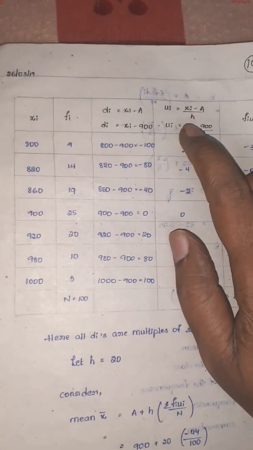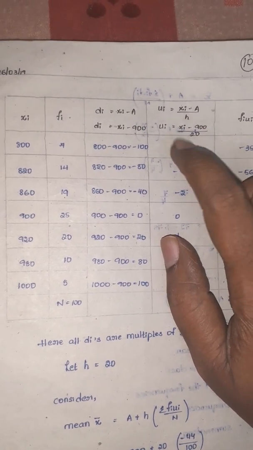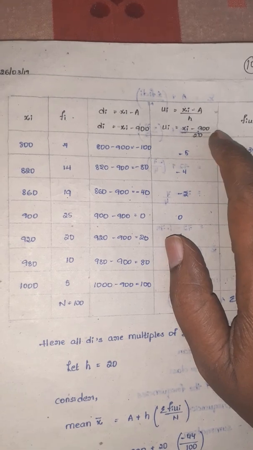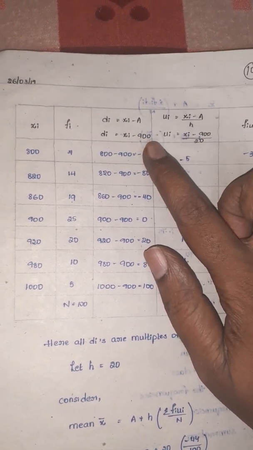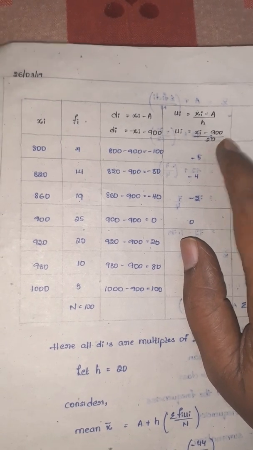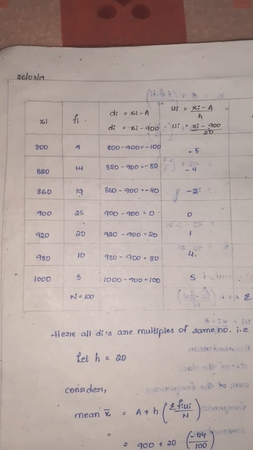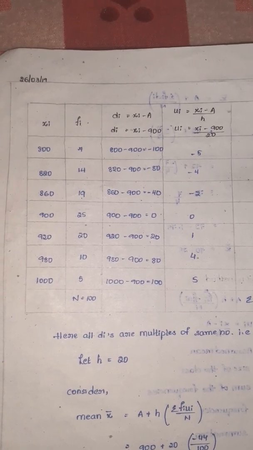Next, in step deviation, the next formula is ui is equal to (xi minus a) by h. So ui is equal to xi minus a, where a we have taken 900, by 20. Why 20? Because h means the size of the class interval, I already told you.